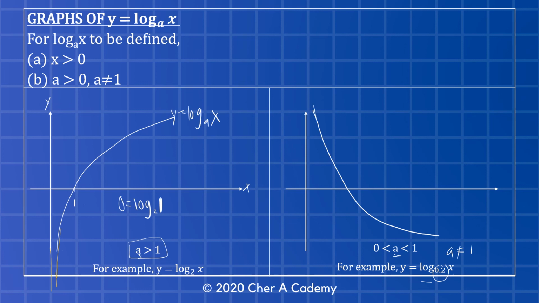This line here is almost straight on top and it goes down like a slide. You have to remember it cannot hit the y-axis. It will cut the x-axis at 1. Why? Because when my y is 0, whatever the base is, I have to be logging 1.